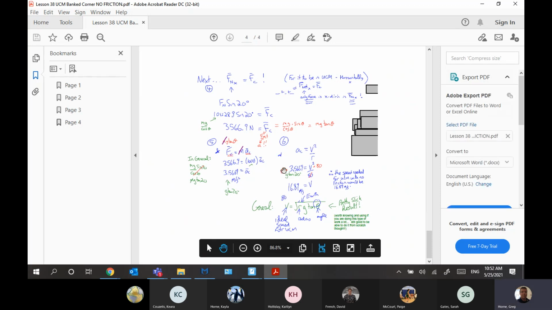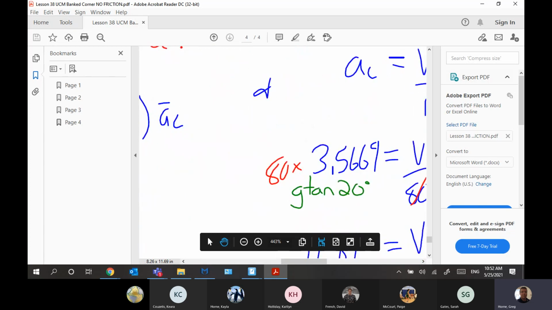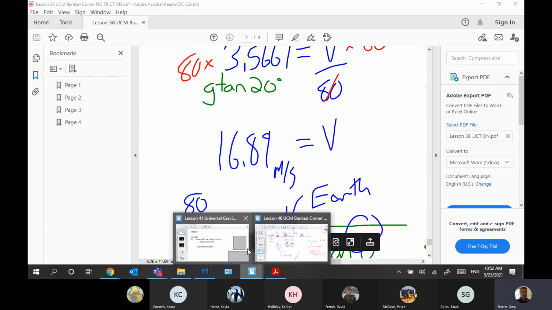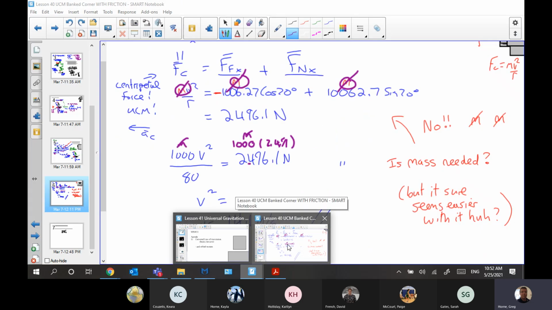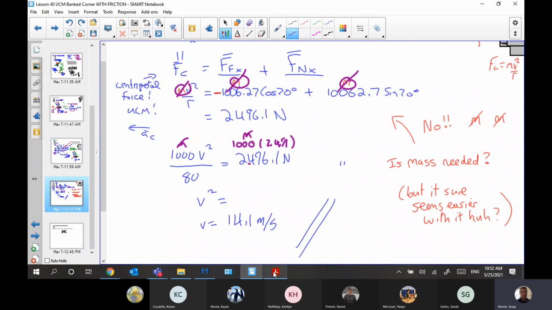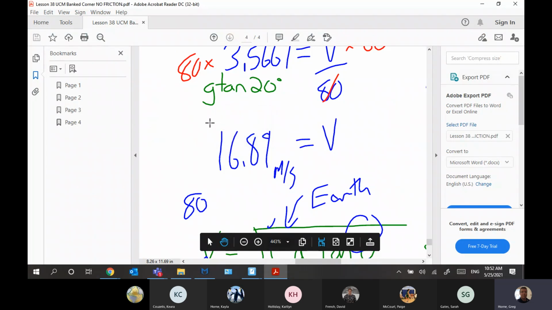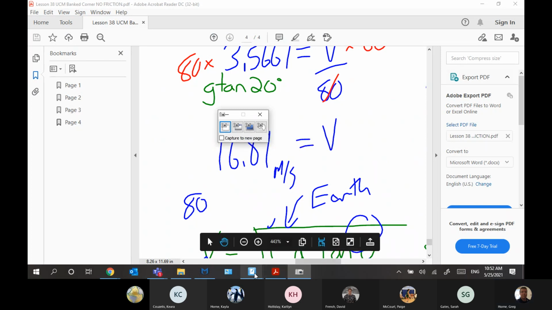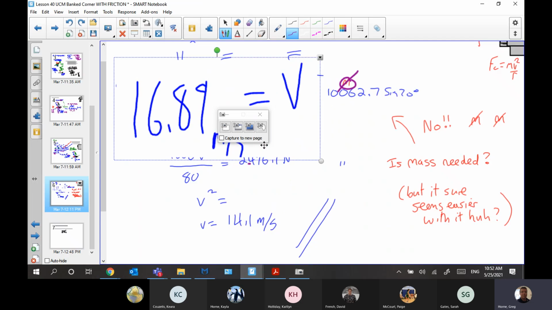So if I zoom in to that, I might just take a screen capture of that and say it was this other number. Bank corner friction. Oh, it's this one. That's why. So I have to go here, get my screen capture tool. Here we go. All right.